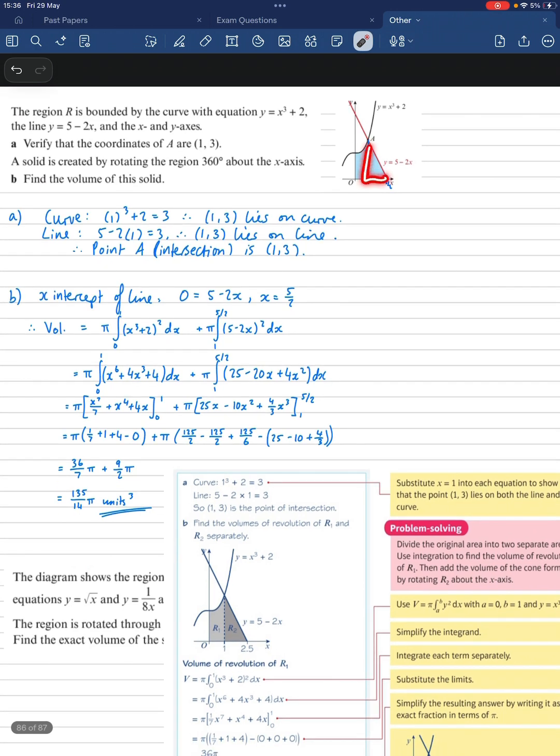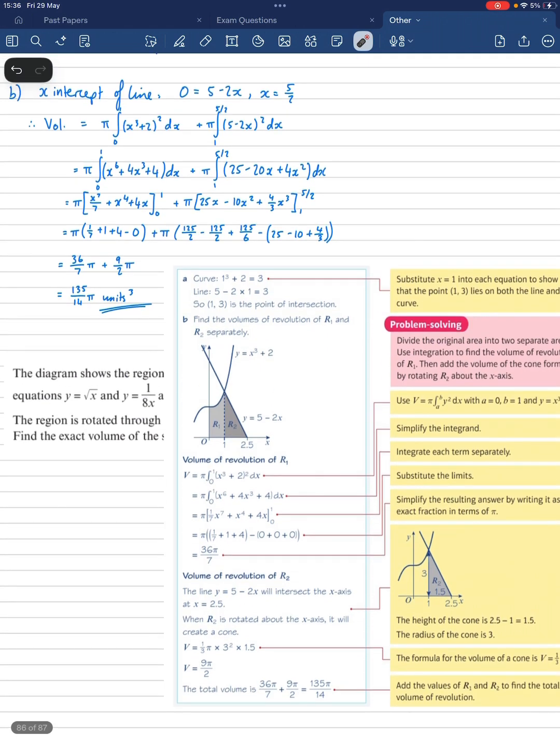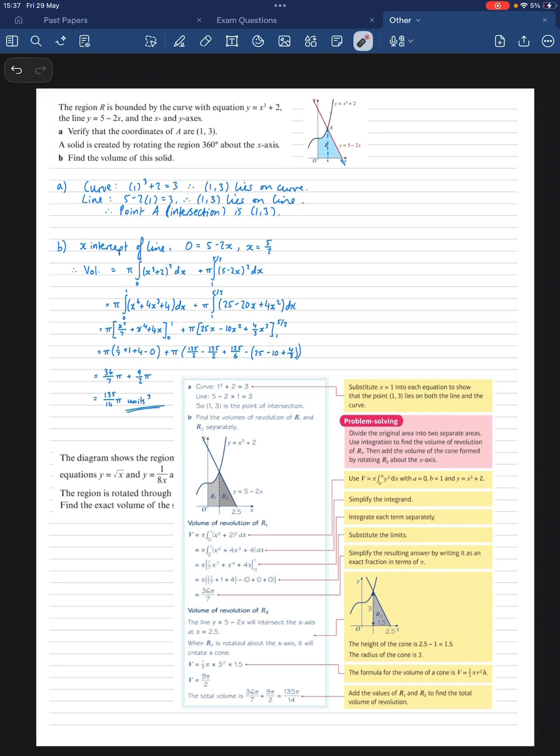Oh, did I say area of the triangle? I meant volume of a cone, because it's going to be a cone, so you're just going to have to use a third pi r squared height, my bad. And then that gives you 9 pi by 2, but we also got 9 pi by 2 just by integrating. So yeah, 135 pi by 14.